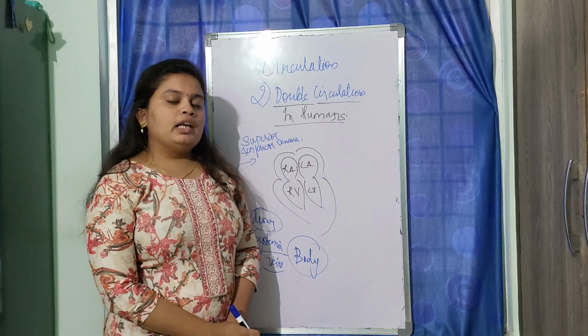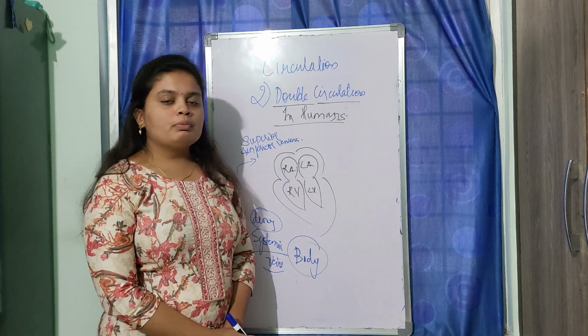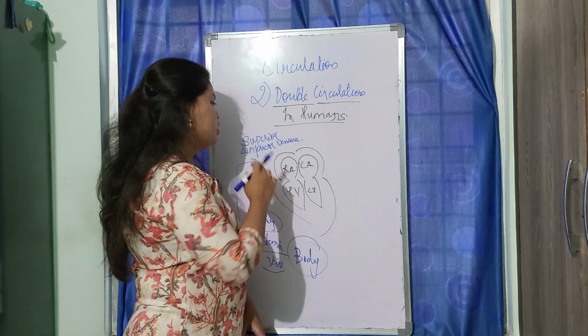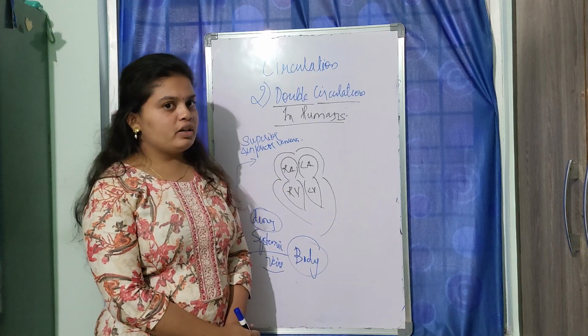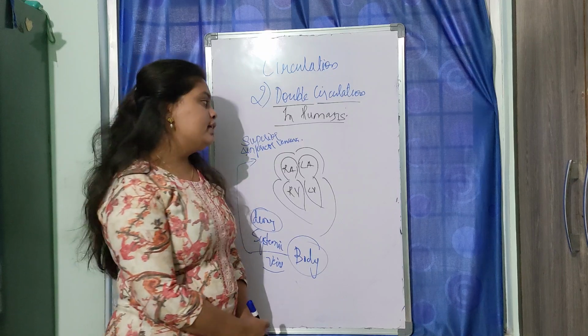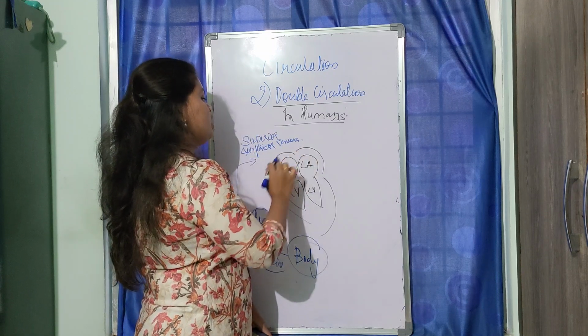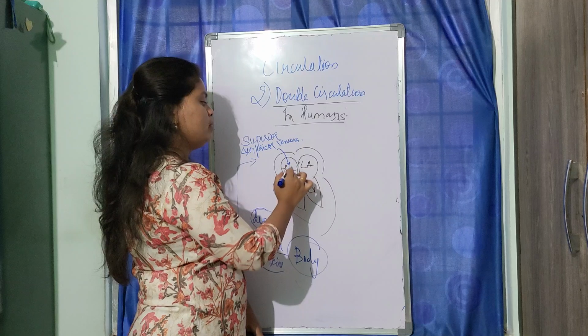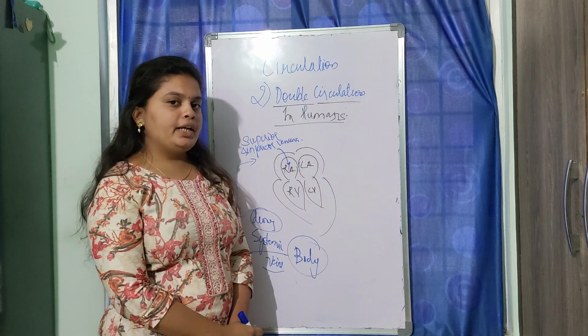Superior vena cava collects the deoxygenated blood from the upper part of the body and inferior vena cava collects the blood from the lower part of the body. And the superior and inferior vena cava pour this deoxygenated blood into the right atrium.